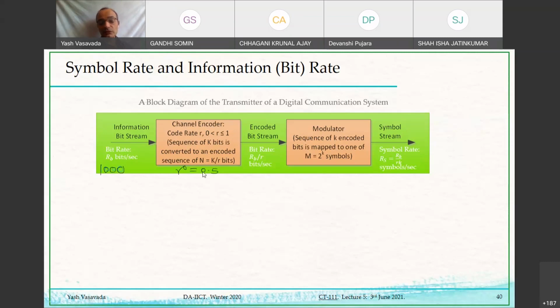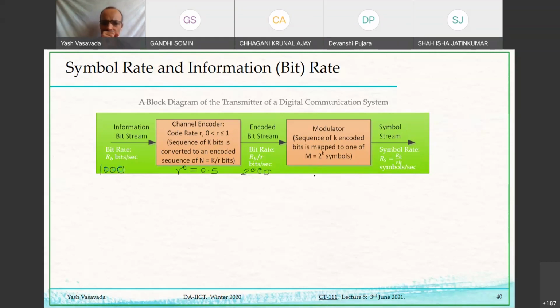When the rate is 0.5, it means that for each bit, the encoder produces 2 output bits. So obviously this RB of 1000 becomes 2000 bits per second. RB divided by r, RB divided by 0.5, and so you get 2000 bits per second.